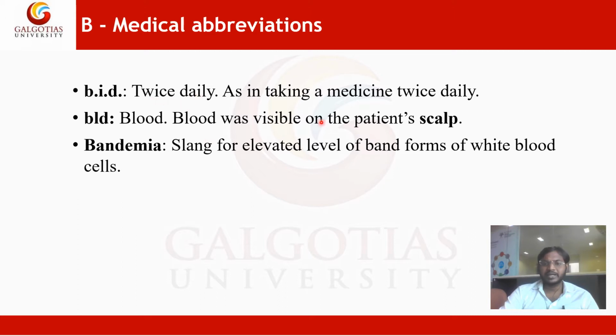I gave a simple example for this one. You can also write the same example, blood pumping by the heart. Next one, bandemia. Bandemia, slang for elevated levels of band forms of white blood cells. It's called bandemia.